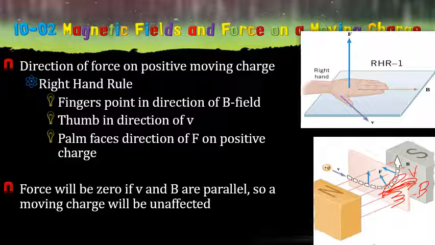And so then your palm is pointing the direction of the force. That way. It's a terrible picture. So it's your fingers, your thumb, and then the force is that way.